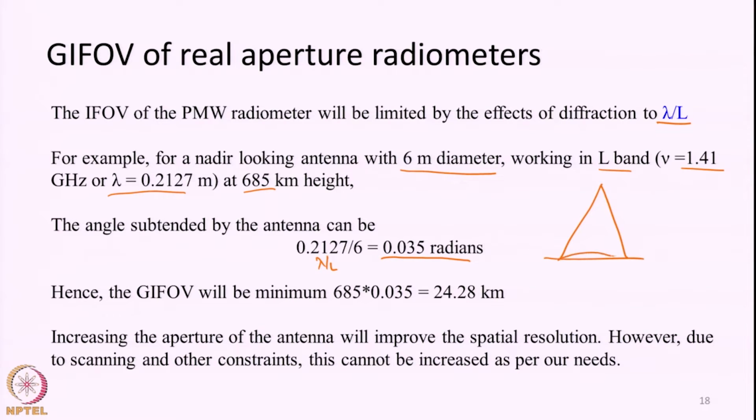This is a circular footprint. So, you take the orbital height and multiply by this angle to get the ground coverage. The orbital height multiplied by the angle subtended by the antenna gives us a footprint of roughly 24.2 kilometers. This is a minimum value beyond which the GFOV cannot become finer.